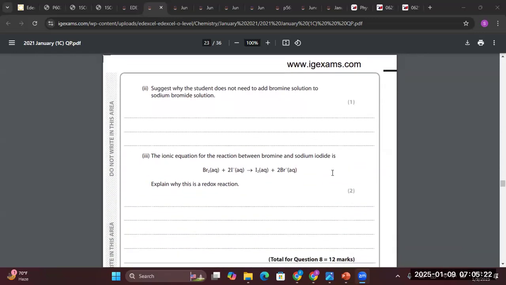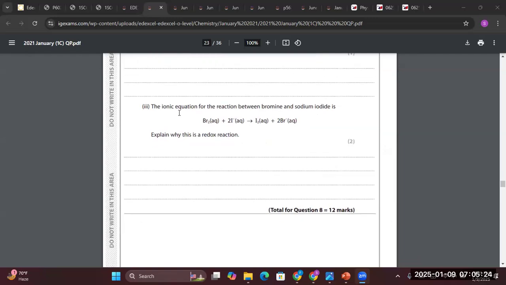Okay, now the ionic equation for the reaction between bromine and sodium iodide is given to you. Explain why this is a redox reaction. Can somebody explain why this is a redox reaction? So oxidation and reduction occurs at the same time. Right.